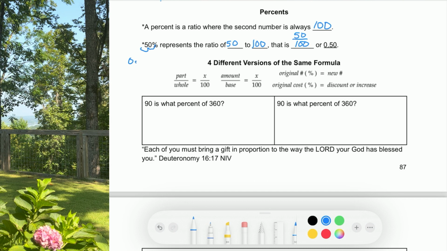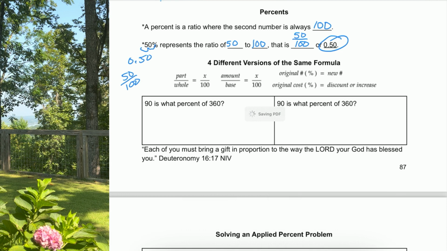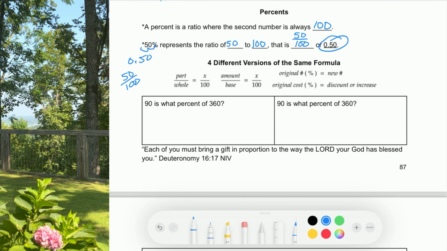We would have moved it 2 times and got 0.50. And then to turn it into a fraction, we would have taken that 50 and put it over 100 because the furthest right place value is the hundredths with that 0 at the end. So we've already actually done this, but now we're just learning what this is called as far as a ratio goes.